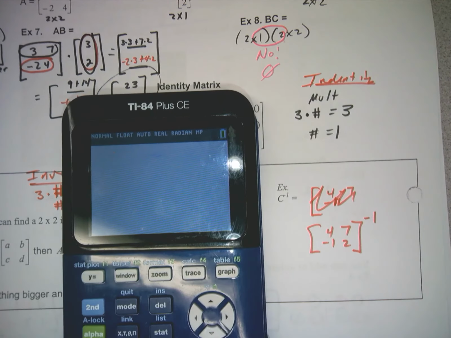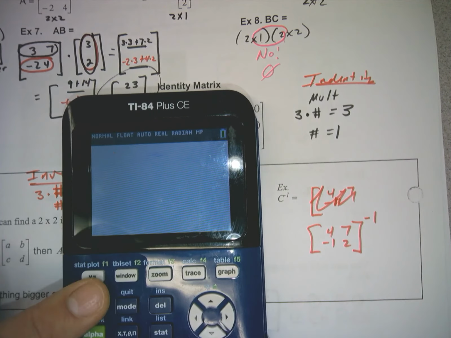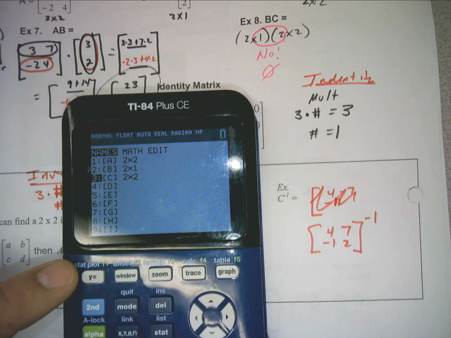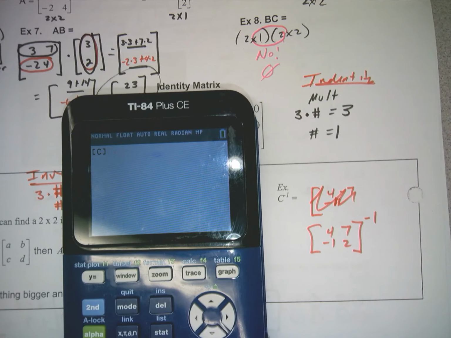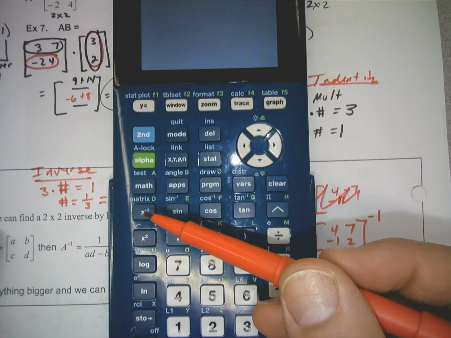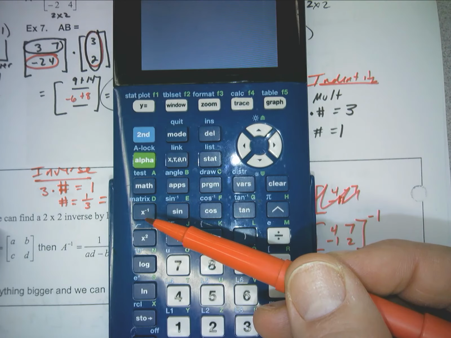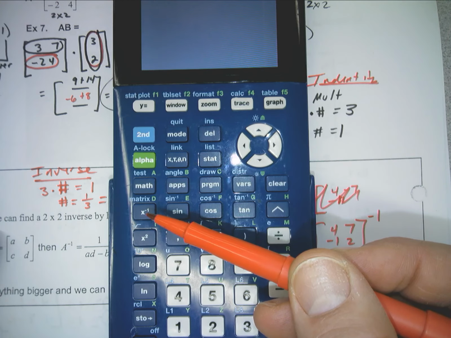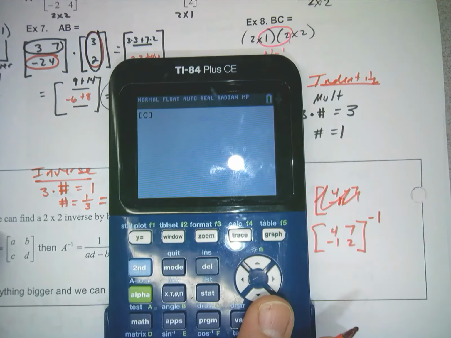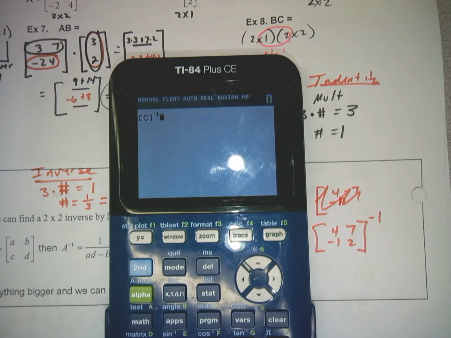I've got C already in my calculator. So I press second matrix, go down to number 3. There's C. The inverse button is the same button that we've been pressing for matrix. Do you see X with a little -1 there? Power. So I press that on top of the C. And that is the inverse of matrix C.